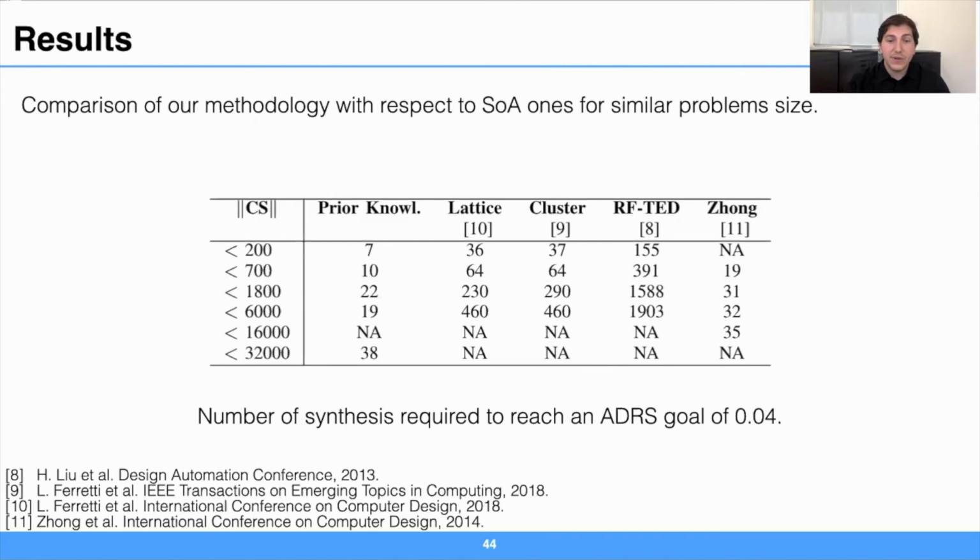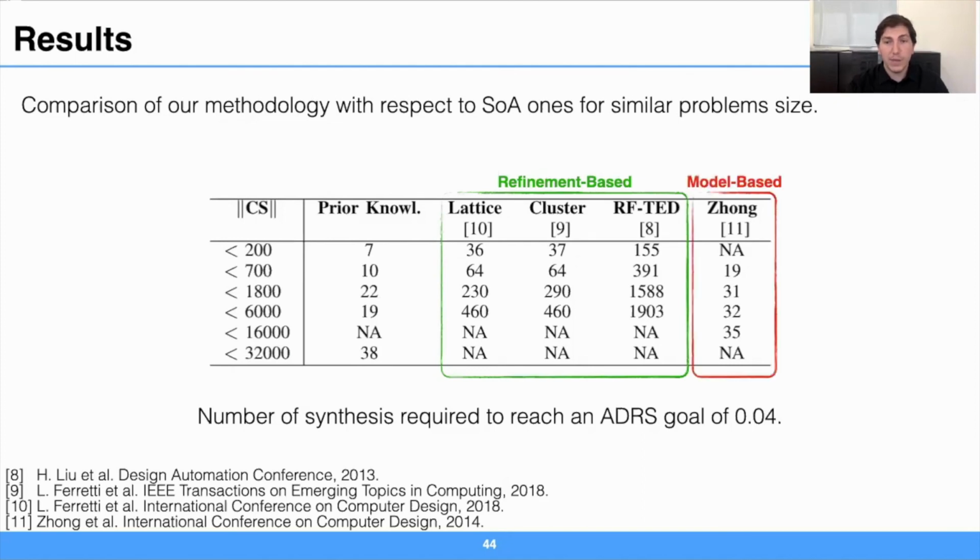Now let's look at the results of our methodology with respect to state-of-the-art ones. Here we have compared our methodology with four others. Three of them belong to the refinement-based category, and one belongs to the model-based category. Here we are looking at the results for different sizes of the configuration space, and we are measuring the number of syntheses required to reach an ADRS goal of 0.04.